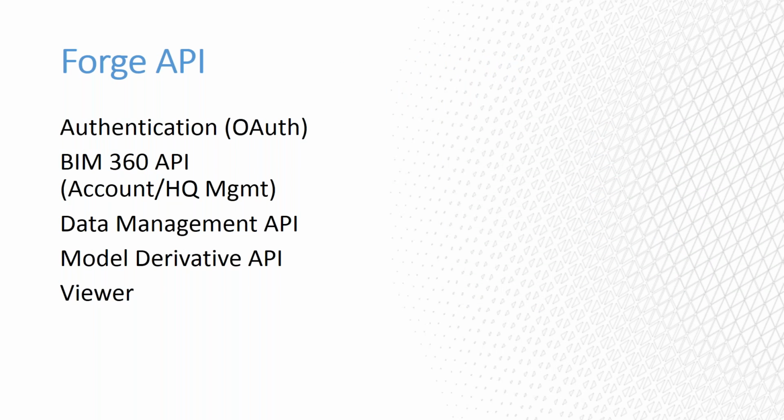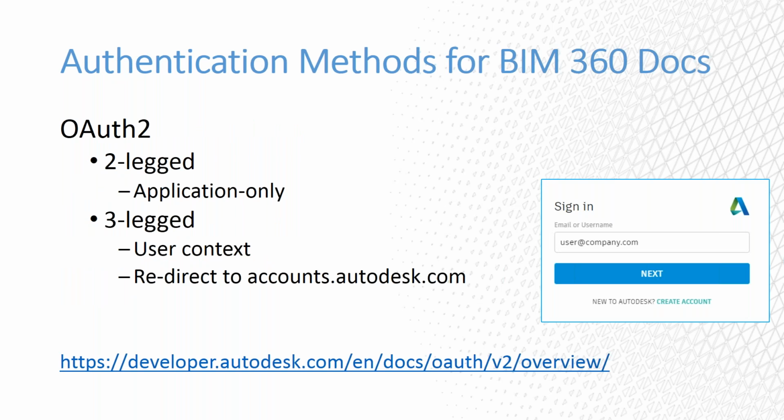Now we have talked about the big picture, so let's look at the Forge APIs. As mentioned, we have these Forge APIs in five areas, so let's take a look from the top, one by one. First, the authentication method for BIM 360.